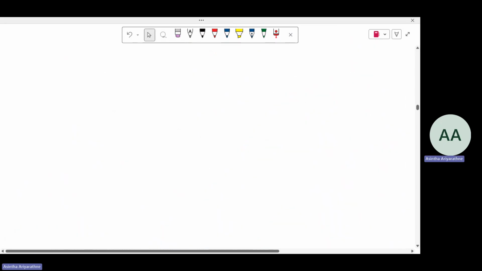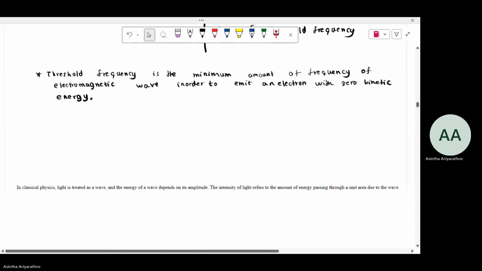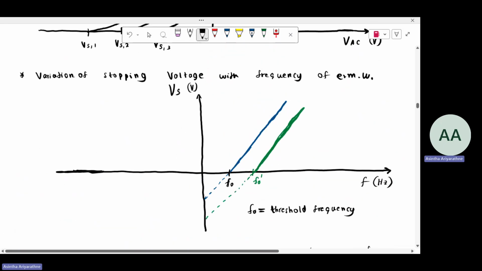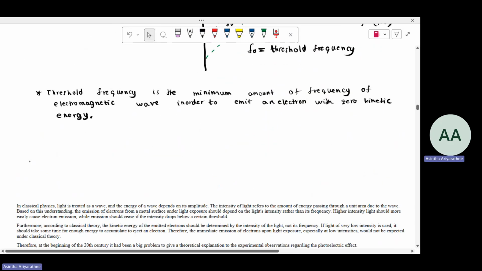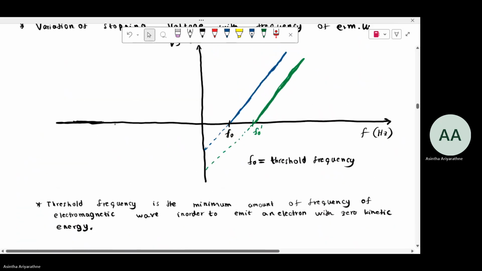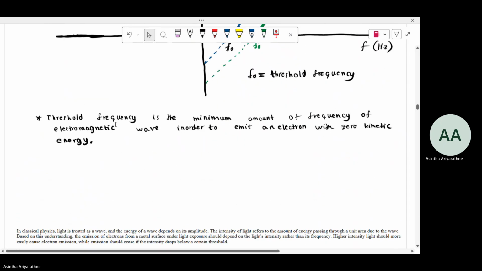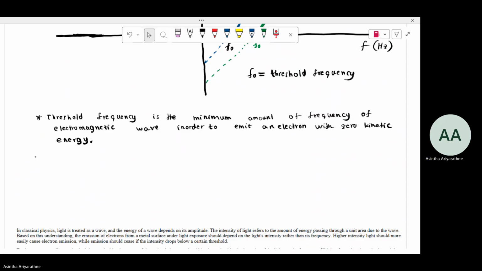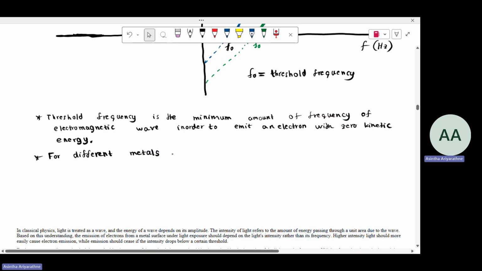For Kmax also we can have the same graph. For different metals, threshold frequencies are different.